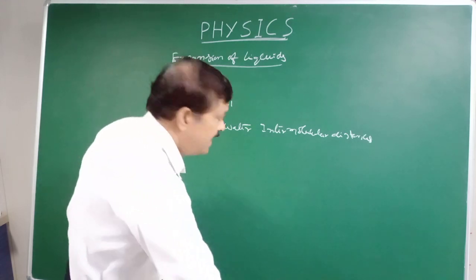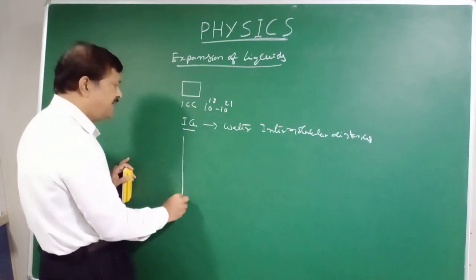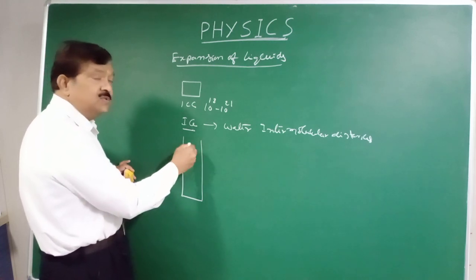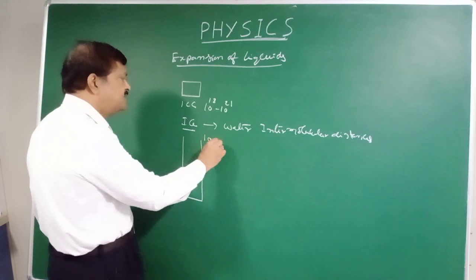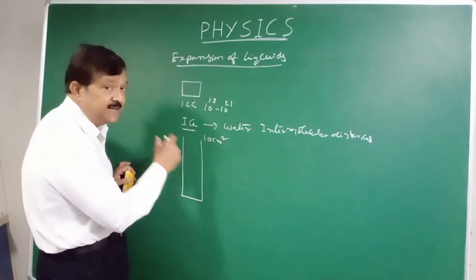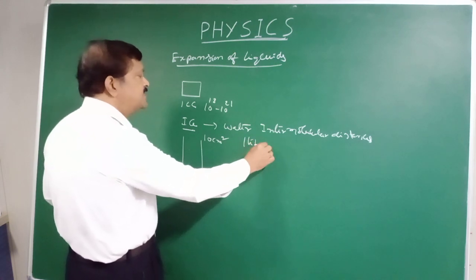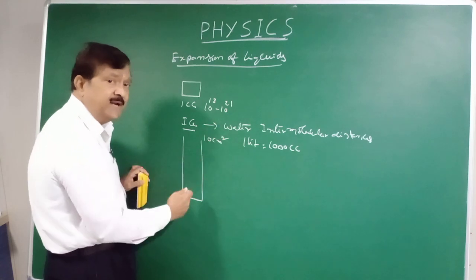For example, I will take 1 liter of a liquid. It is taken in a container like this, whose area of cross section is, let us say, 10 centimeter square. Remember, 1 liter of volume is equal to 1000 cc, 1000 cubic centimeters.